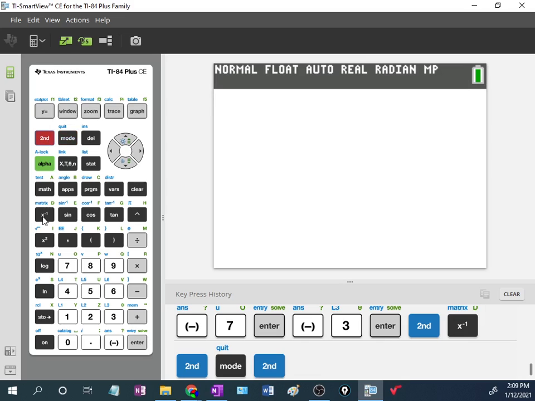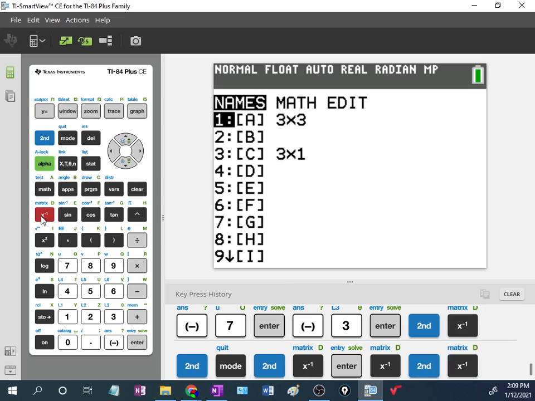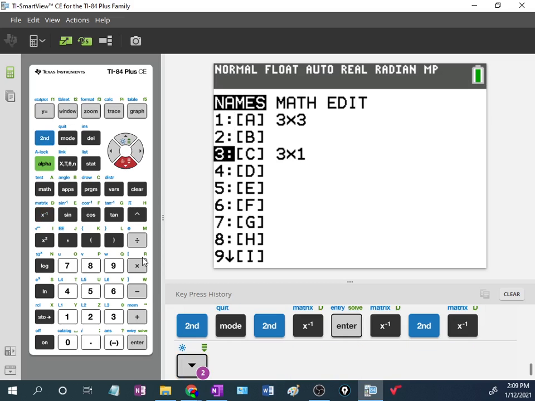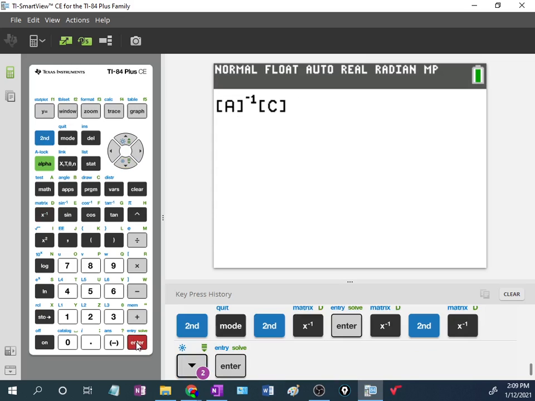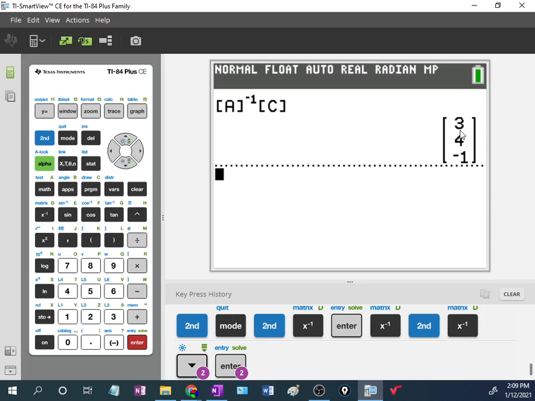Take the inverse of A times. You don't need to put times notation, okay? Just list them together. That is the product. And then matrix C, and that's it. That's the answer. So answer will be 3 and 4 and negative 1 on your work, okay?